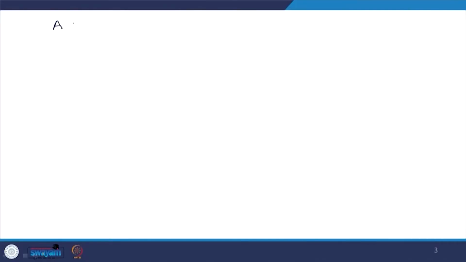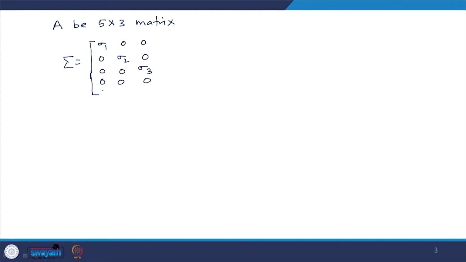If I have a rectangular matrix, let us say A is a 5 by 3 matrix. Okay. In this case, sigma will be something like this: sigma 1, 0, 0; 0, sigma 2, 0; 0, 0, sigma 3; and then rows of zeros. So, this will be our sigma. Now, what will be the pseudo inverse of sigma in this case?